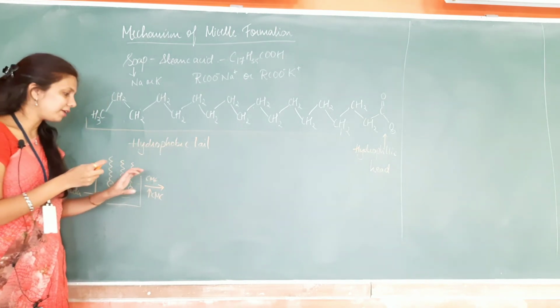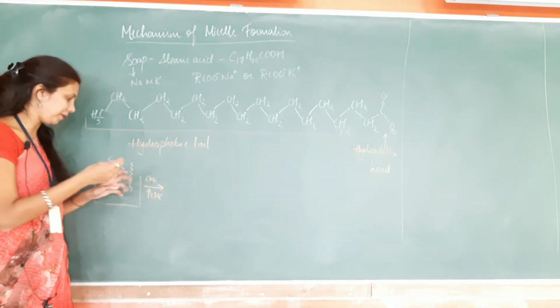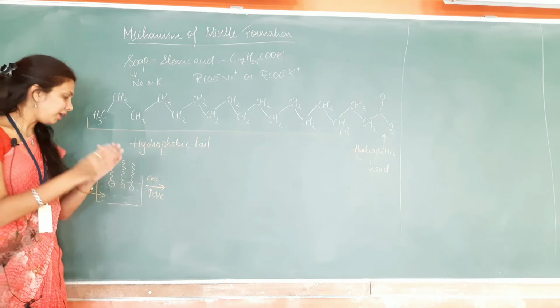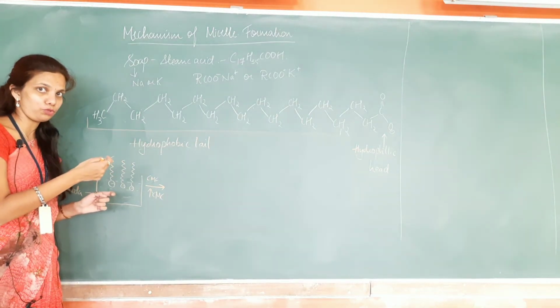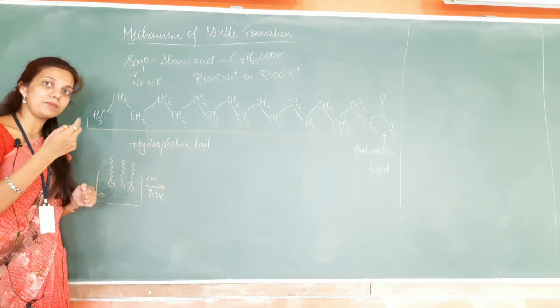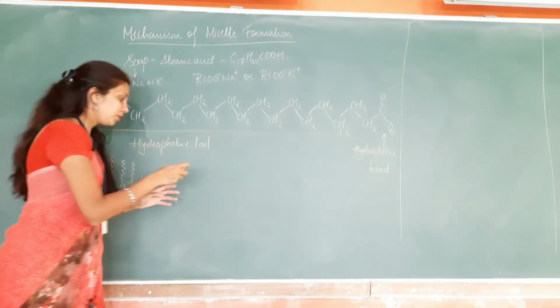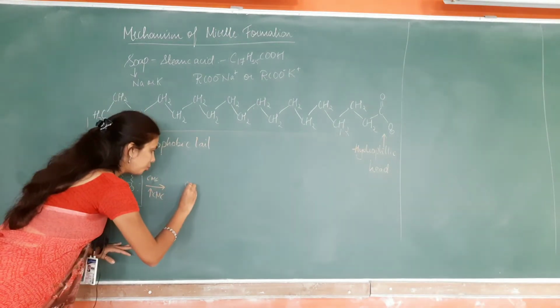So when it reaches CMC or above, these anions are all going to come together. There is not going to be just one or two molecules of soap. We have studied that a micelle requires at least around 100 molecules.